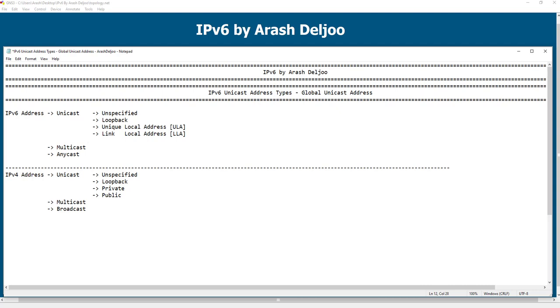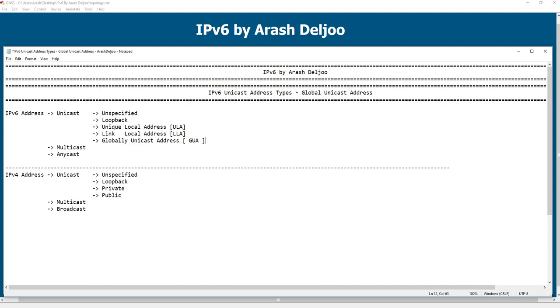Look at here, globally unicast address, or maybe you hear globally unique address, because these IP addresses should be unique all over the world, globally.